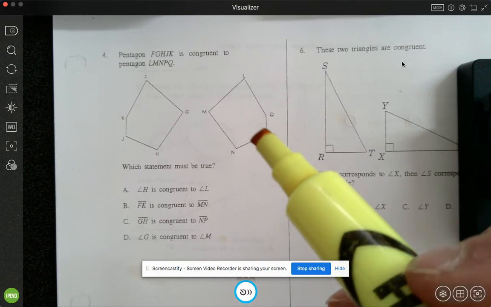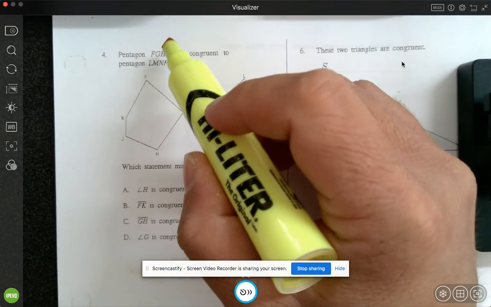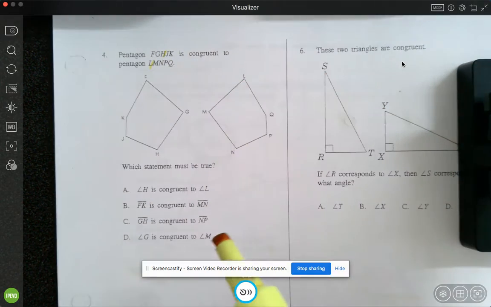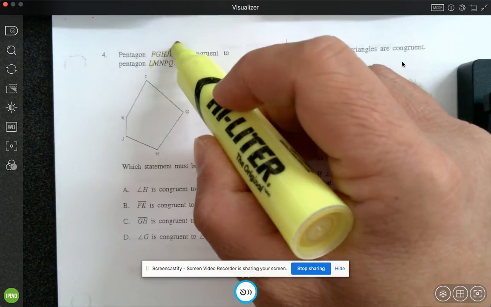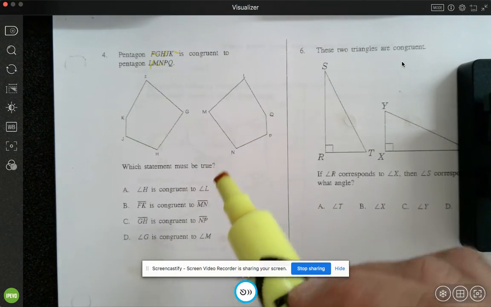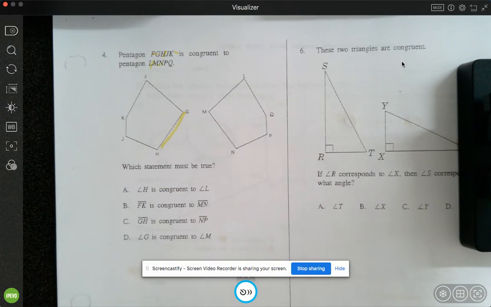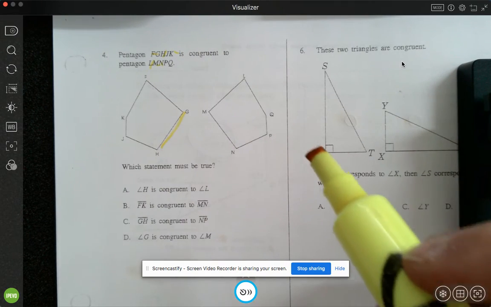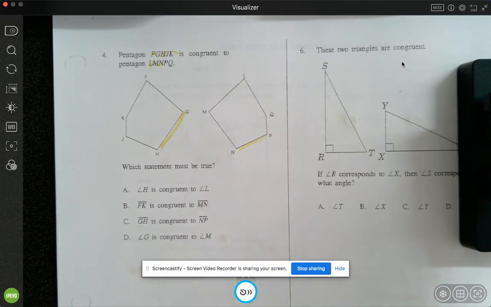So look in here, if you did it right, let's see, H and L are not the same order. FK, 1, 2, MN, no, it's not that one. GH is here, and MP is here. That looks all right, so let me check this out.